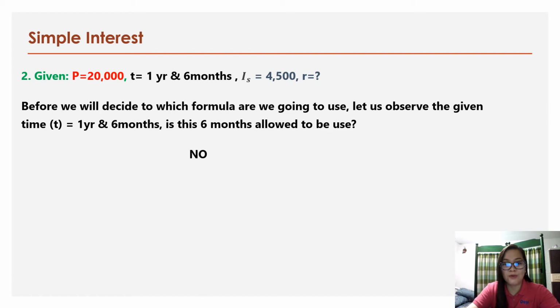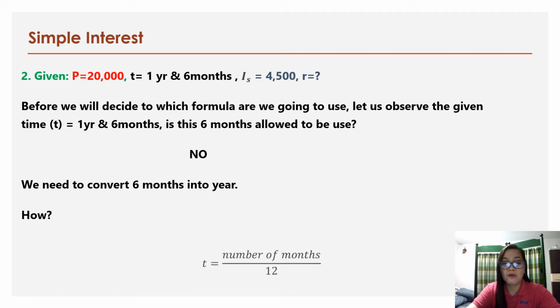As we said earlier, if the given time is in months, we will convert it first to years. We need to convert 6 months into years. Of course, we're going to use this formula: T is equal to the number of months divided by 12.